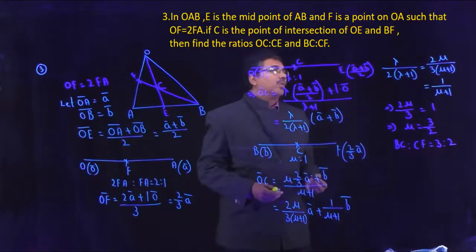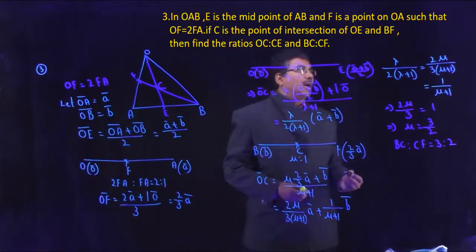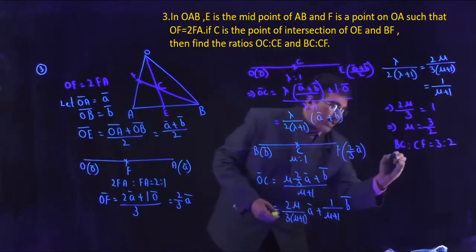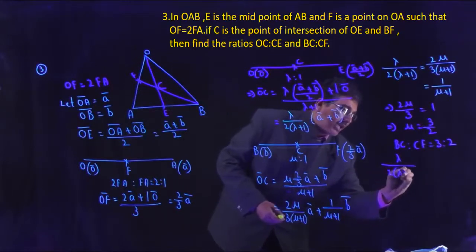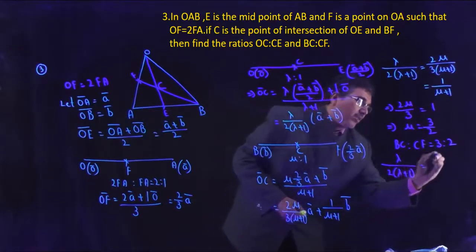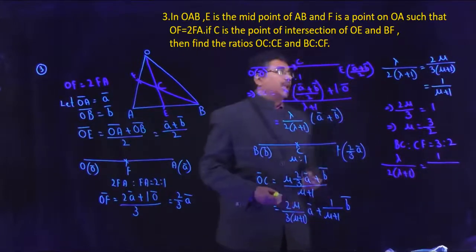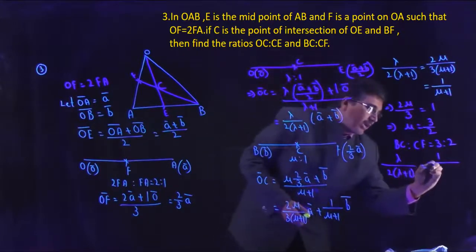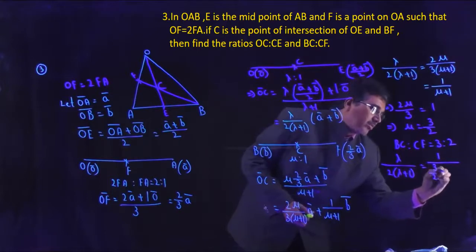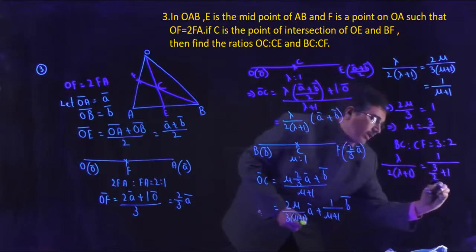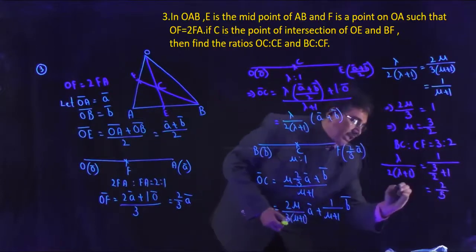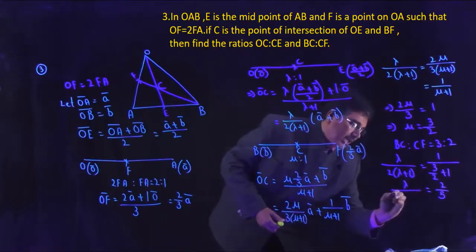Now we have to find the value of lambda. Lambda divided by 2 times (lambda plus 1) is equal to 1 by (mu plus 1). Mu is equal to 3 by 2, so 3 by 2 plus 1 gives 5 by 2, and 1 by that is 2 divided by 5, that is lambda by 2 times (lambda plus 1).